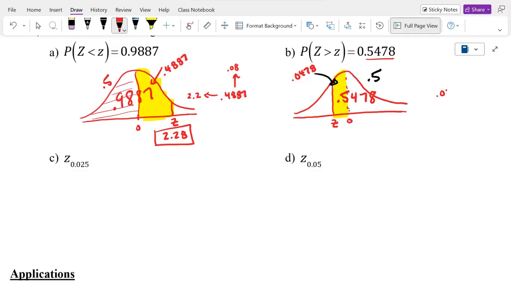Look that up in the body of the table, because now we're reading out to get a z-score. You're going to find 0.1 and 0.02. When I add them together, I get 0.12, but because it's to the left of 0, it is a negative value.